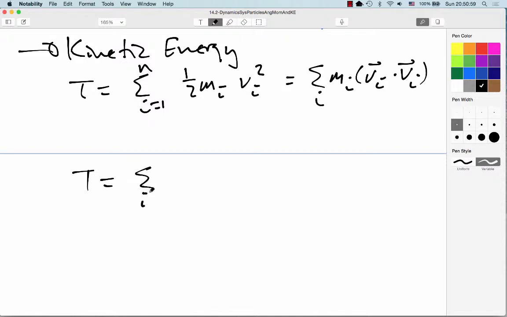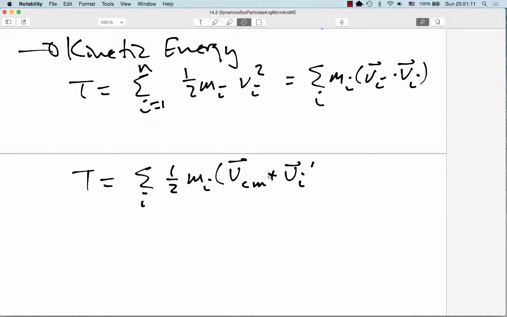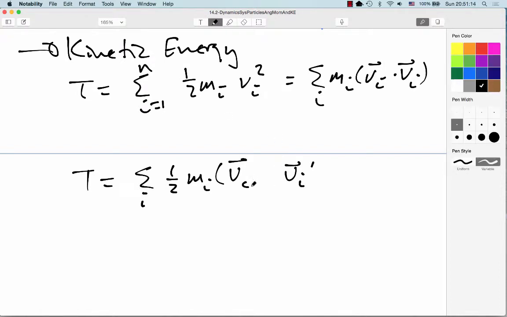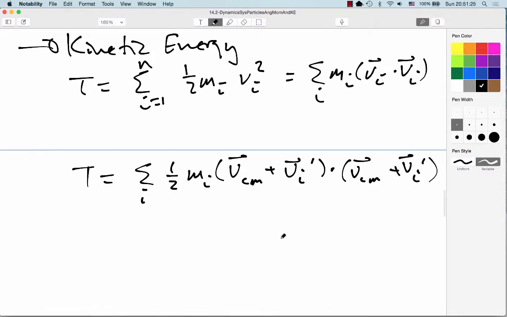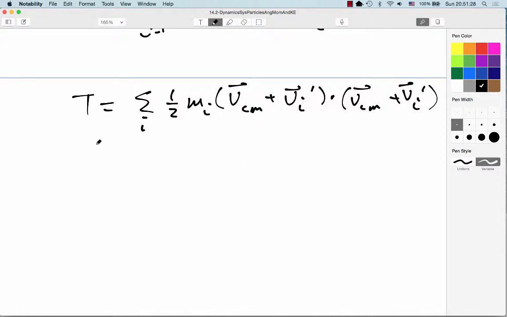Say it's the sum over i of 1/2 mi times (VCM plus Vi prime), that plus sure looks a lot like a cross, dotted with (VCM plus Vi prime). Okay, so let's go ahead and do that. We're going to call this next result quadruple star.